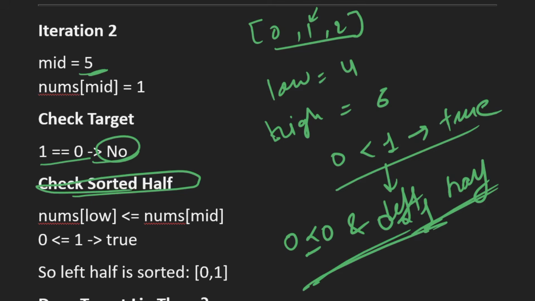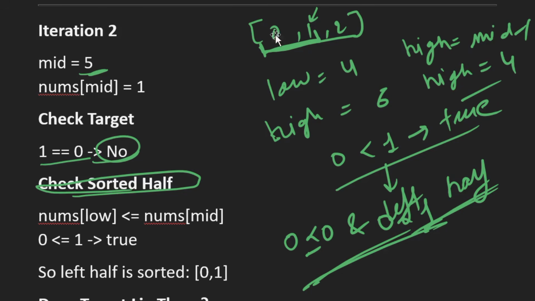Yes, the condition satisfies. That means our target lies in the left half. So we shift high is equal to mid minus 1. So our high will become 4.